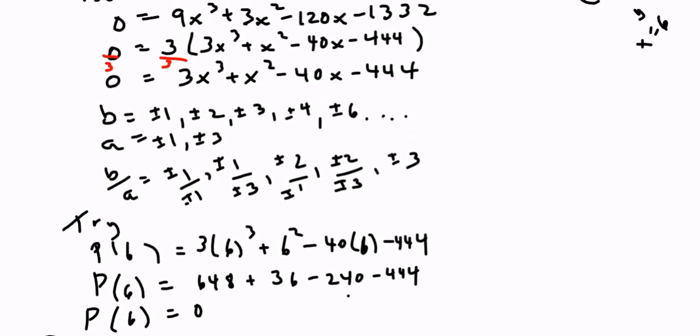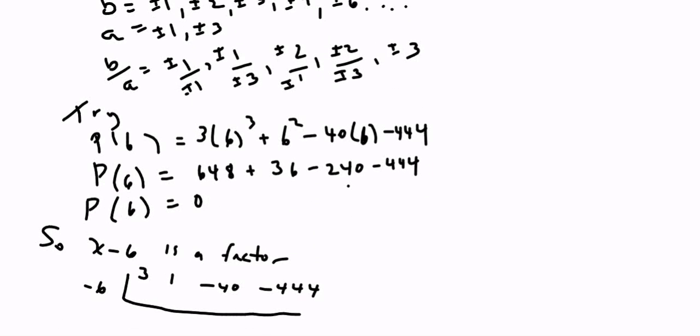And so I know that, let me just see here. I'm going to say this is 3, minus 18. This is 19. 19 times 6, 114.